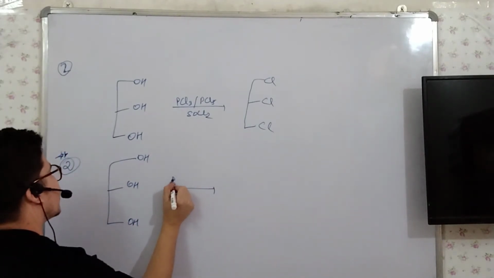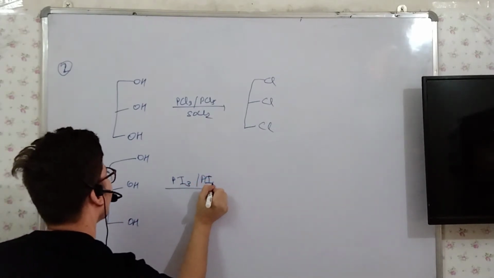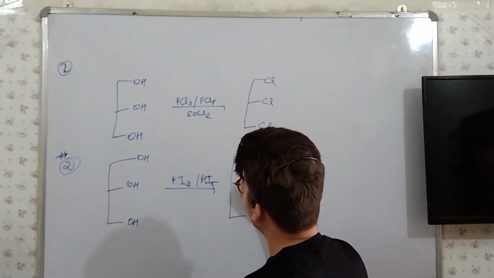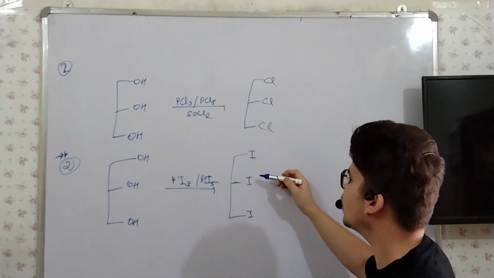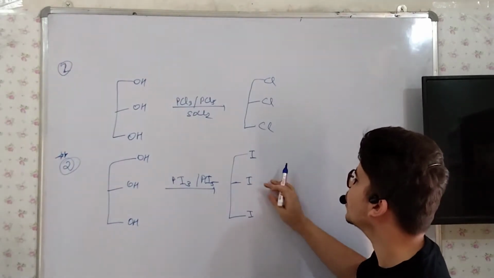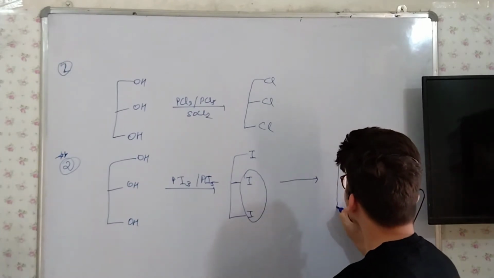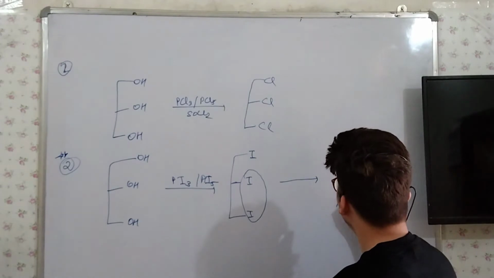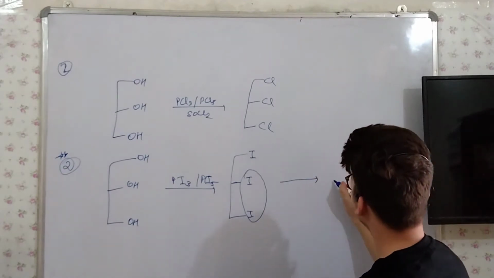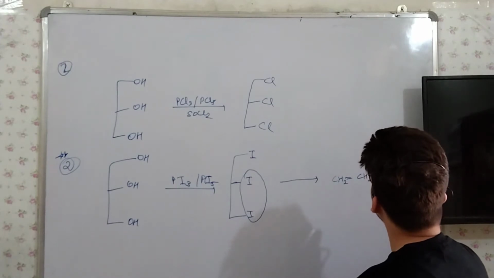Now we give PI3 or PI5. First we will replace the alcohol by iodine. As we know that iodine is a big atom and it will cause hindrance, this is removed as I2 and we will get a double bond, CH2=CH-CH2I.